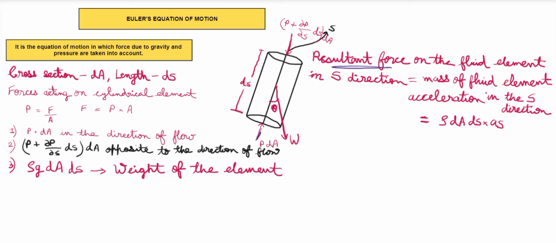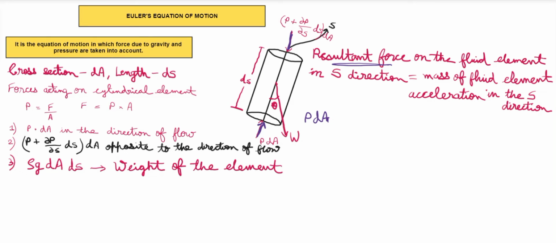We have already written the forces acting on the fluid element. Now we'll write the resultant force, which will be P dA, because it is acting in the direction of flow. P plus del P by del S ds into dA is acting in the opposite direction. So it will be minus P plus del P by del S ds into dA.